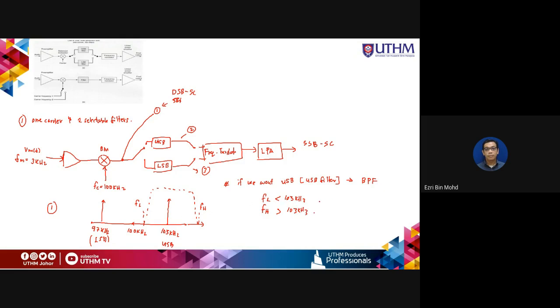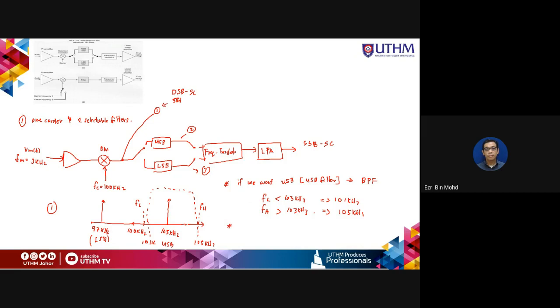So let's say, for example, we design the band pass filter with F low at 101 kilohertz and high cutoff at 105 kilohertz. So the upper sideband of the signal will pass through, and the other region will be eliminated, or attenuated.